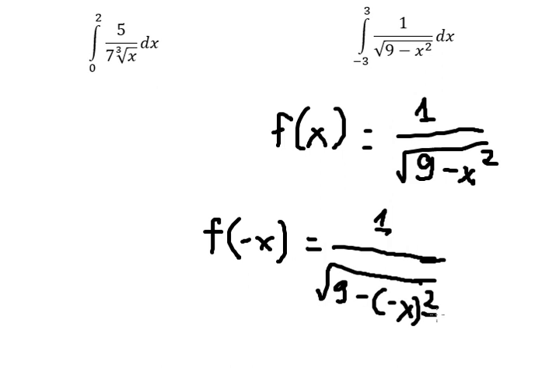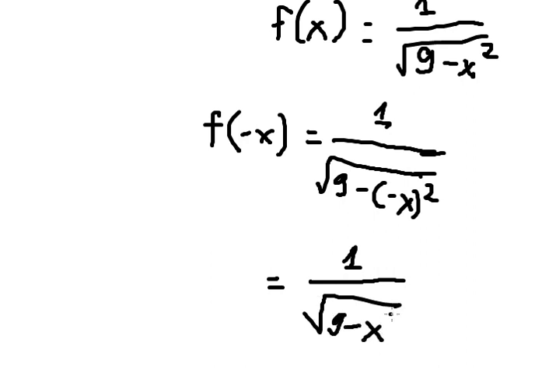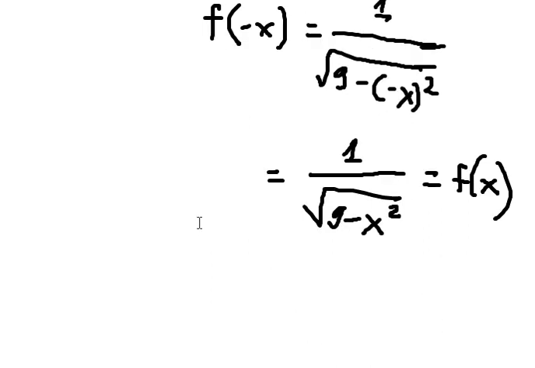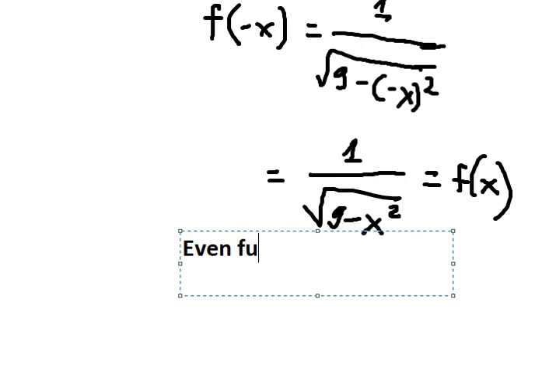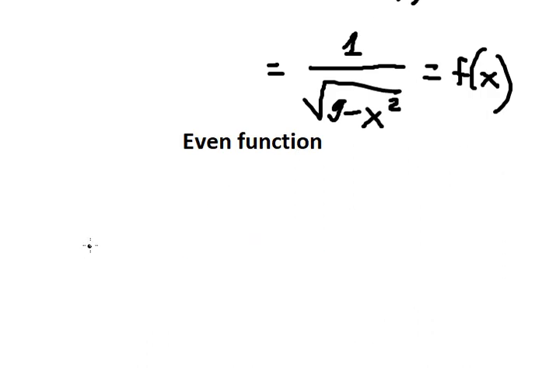Because this is an even power, you get positive, and this equals f of s. So this is an even function, and the bounds are symmetric. So this one is 2 times the integration from 0 to 3.